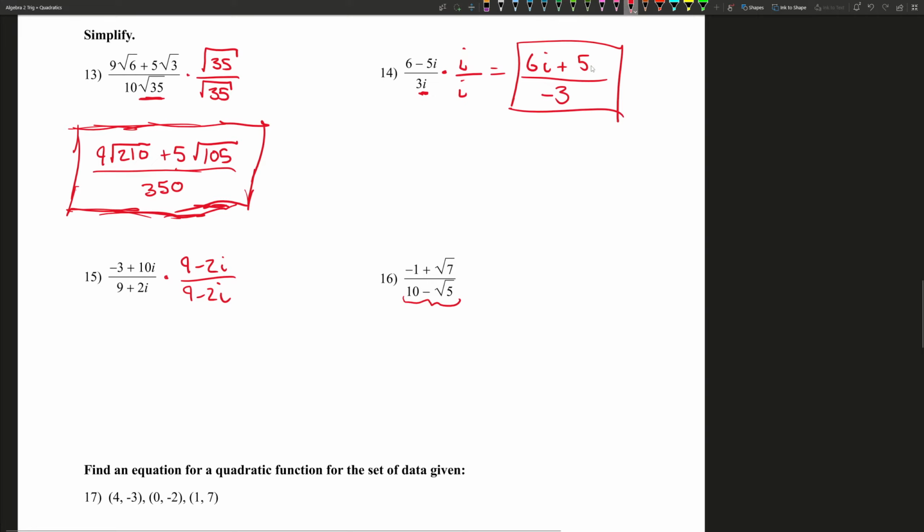If we FOIL that, negative 3 times 9 is negative 27. Negative 3 times negative 2i is plus 6i. 10i times 9 is plus 90i. 10i times negative 2i is negative 20i squared.